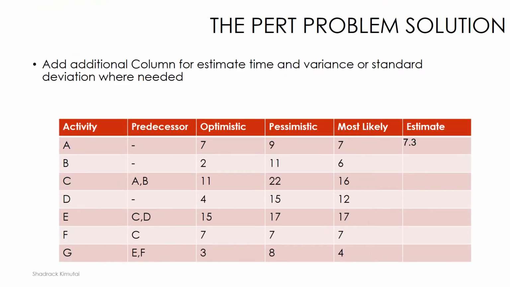So for the first activity, we'll have 7 plus 9 plus 4 times 7, and that will give us 28 plus 9, which is going to give us 37 plus 7.